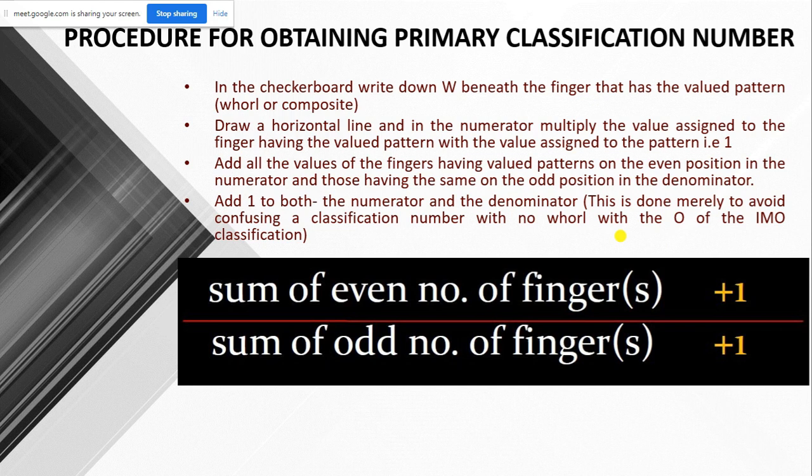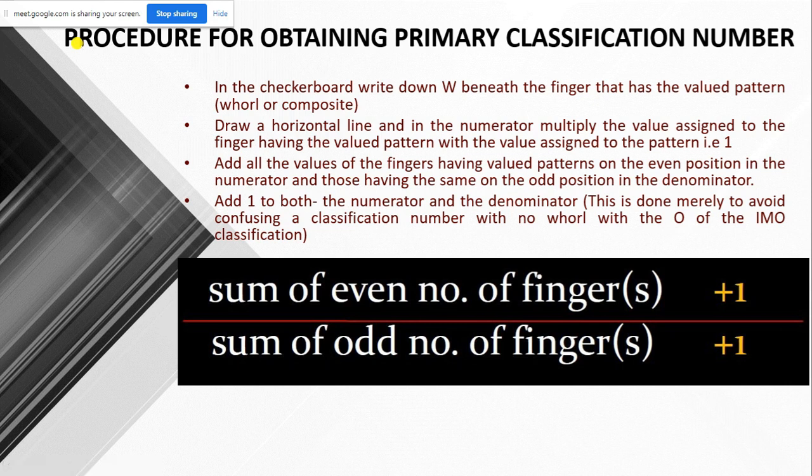There is a sub-secondary classification where we use the O classification, so this 0 would get confused with the O present in the later stages of classification patterns. To avoid this confusion, we add 1 to both the numerator and denominator, and then we arrive at Henry's classification number, which is the primary classification number.